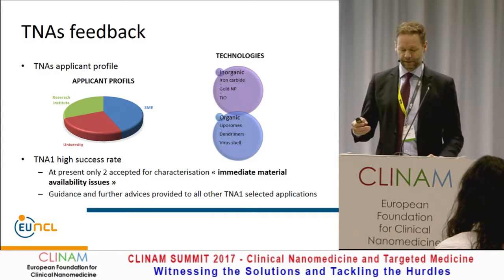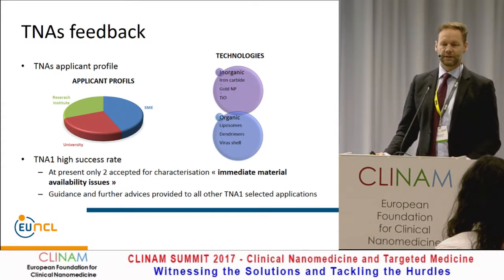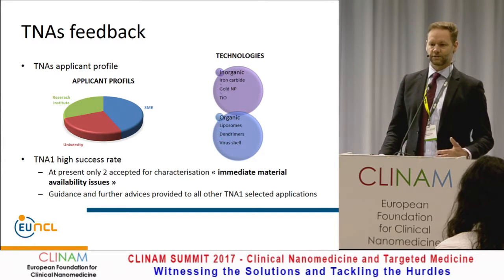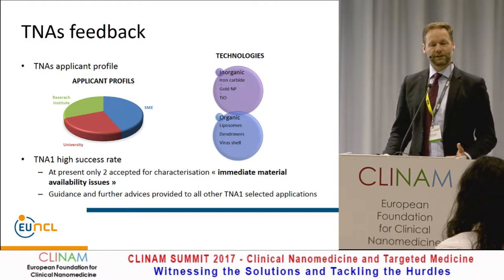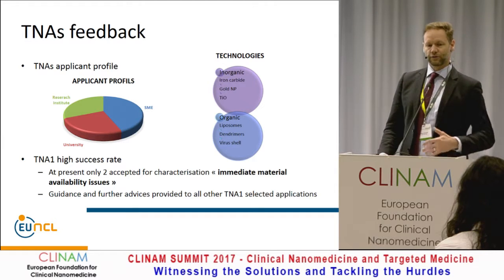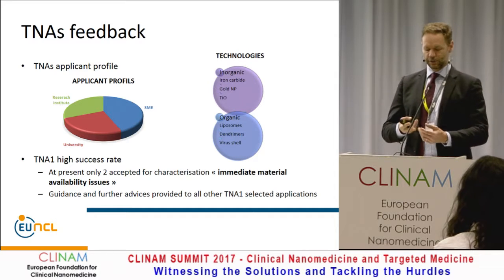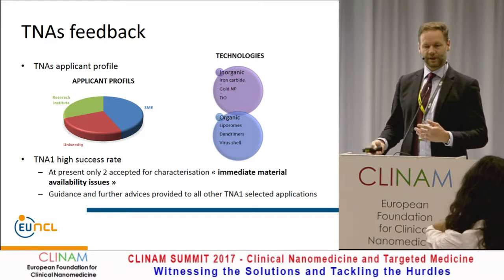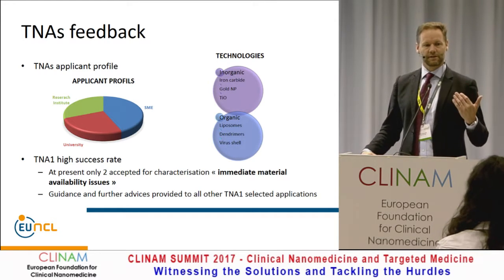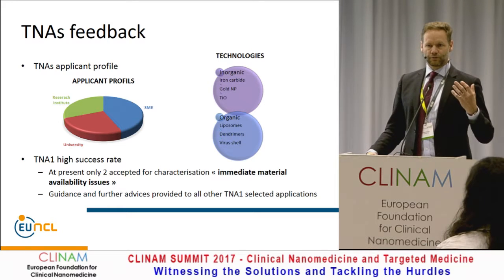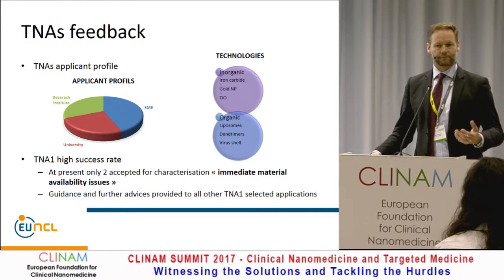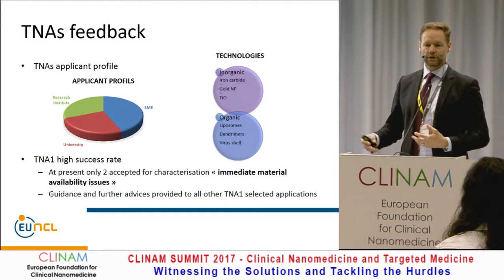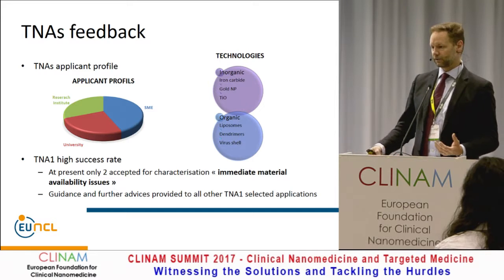Of course, as it was described earlier, EUNCL is not only a characterization service, it's also a support and advice service, and the experts involved in EUNCL can really support you in preparing a better application, preparing a better batch of samples, identifying the lack, identifying the drawback in the production, things like this, or to help you prepare your application better in the further steps if it has not been selected, or to support you in proposing a second step application of a higher level.